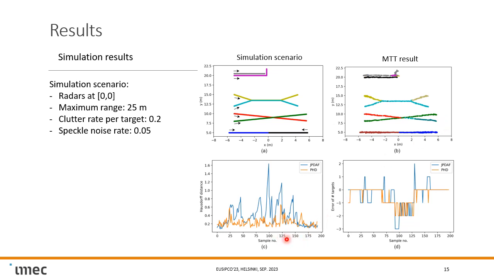And here we compare the performance of our developed PHD filter with a conventional JPDAF filter. As you see, we compare it in terms of Hausdorff distance, so the lower, the better. And you see here that we get a better performance for the PHD filter.